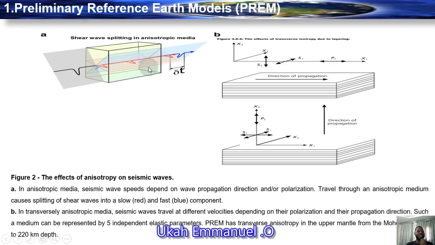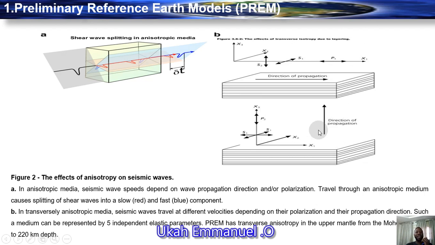This is basically the effect of the anisotropic media. Seismic wave speed depends on wave propagation direction and polarization. Unlike this one, it is a transversely anisotropic media. Seismic waves travel at different velocities depending on the polarization and propagation.